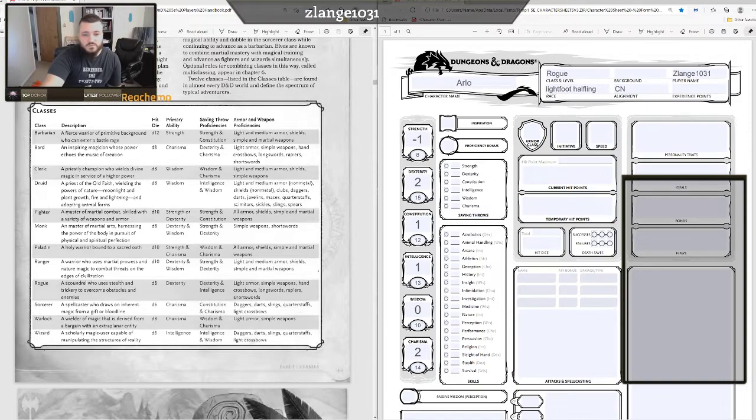Barbarian, fierce warriors who are primitive and battle hungry. The biggest thing is their rage, which gives them resistances to damage and increases their output of damage. Bards, they are magical and manipulative.